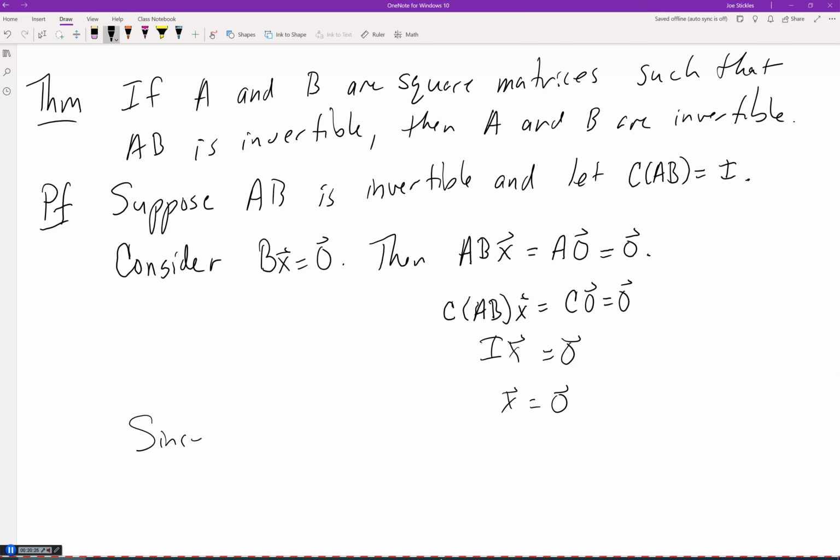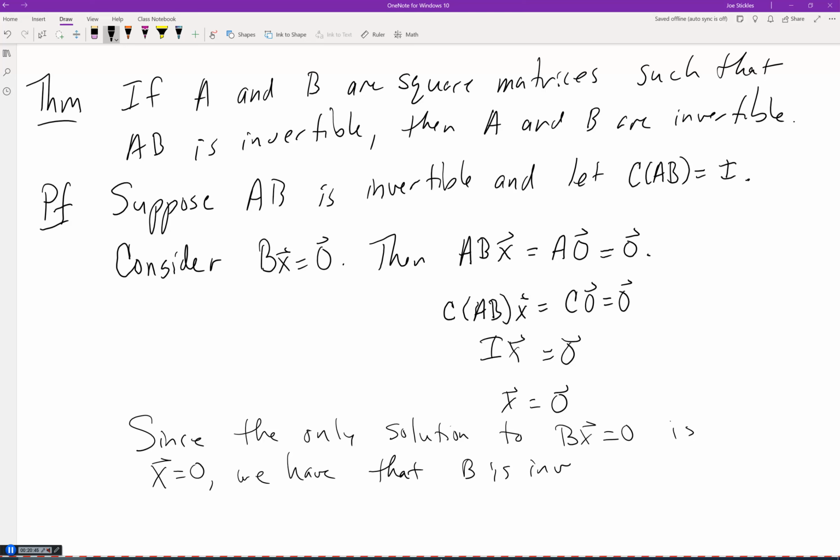So what that tells us is that since the only solution to Bx equal to 0 is x equal to 0, we have that B is invertible.